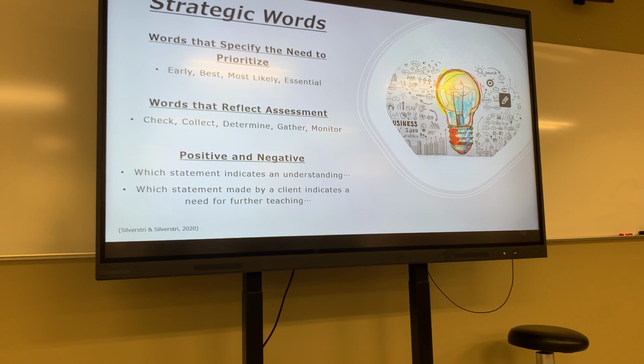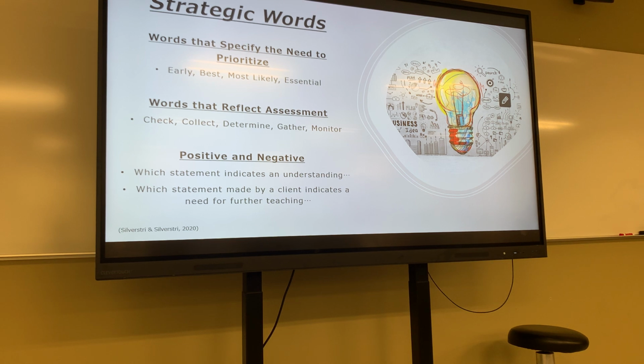When you're reading the questions, be careful with the positive and the negative. If you read too fast, you may miss the words needs further understanding, okay? Or indicates an understanding. So make sure you slow down when you're reading the questions, all right?